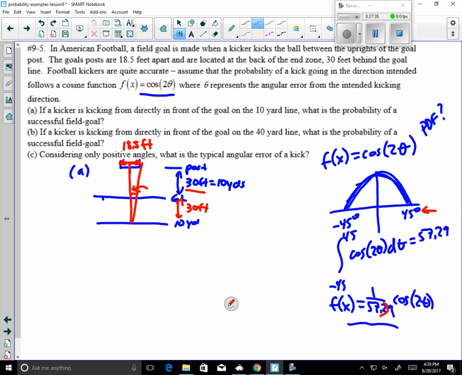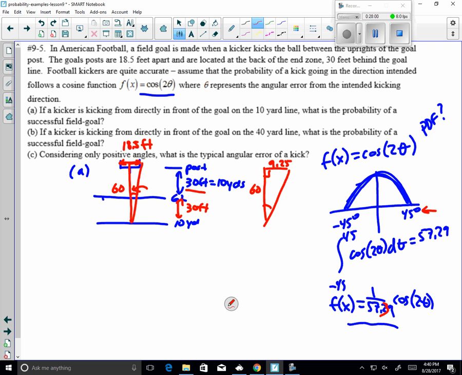So if this is a total of 30 and 30, which would be 60 feet, and this width would be half of the 18.5, that makes a triangle. Let me draw it over here. So this side is 9.25, and this would be 60 feet this way. This is a right angle, and I have this angle.